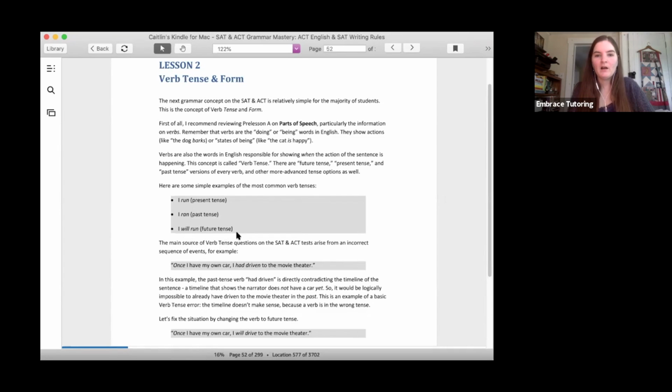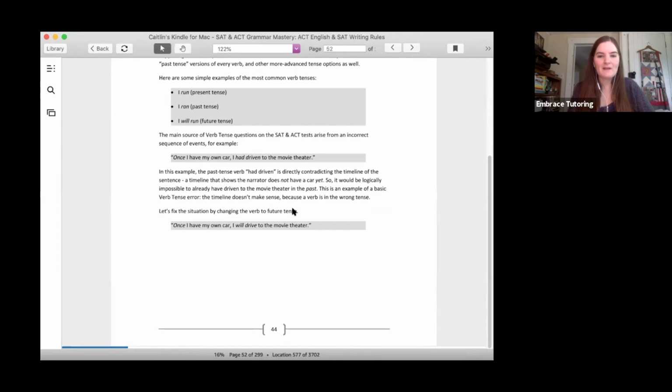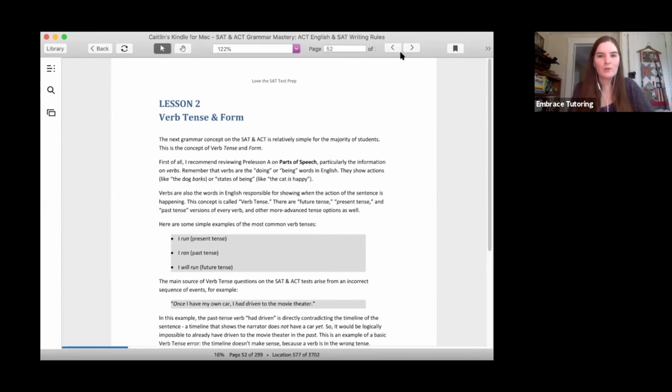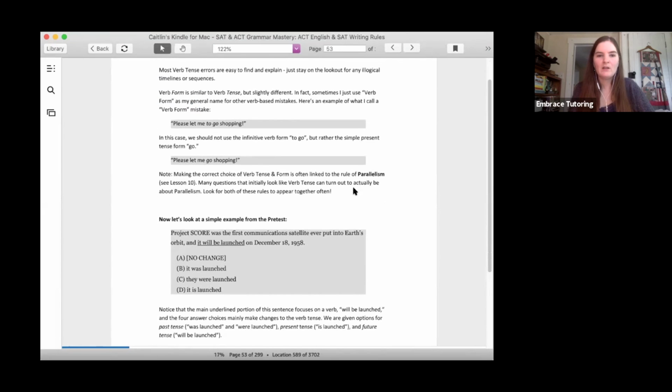You're telling when the action of a sentence is happening, whether in the past, present, or future. Okay. I think this concept tends to be pretty straightforward for most students, and you understand the difference between past and present and future, or at least you should by now.